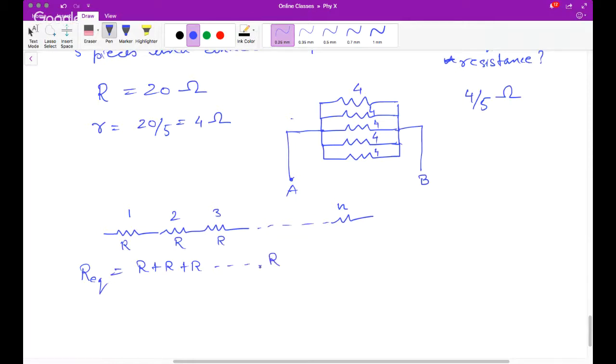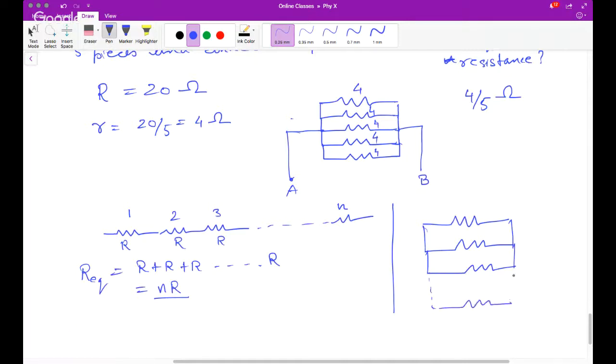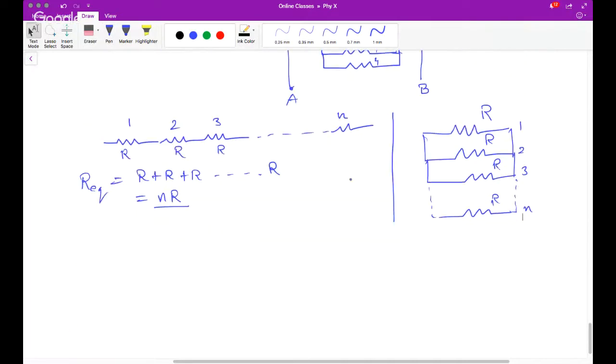R, n times, hence total is n times R. In the second case, when they are connected in parallel, like that, let's say this is R, R, R, all are R. This is 1, 2, 3, and this is nth. And let us say I am trying to find out the equivalent resistance between these 2 points.